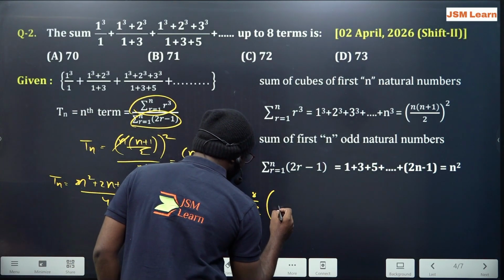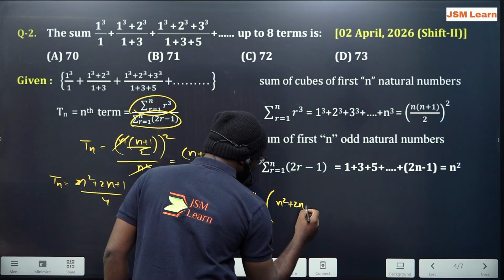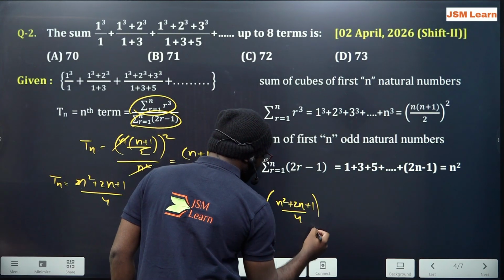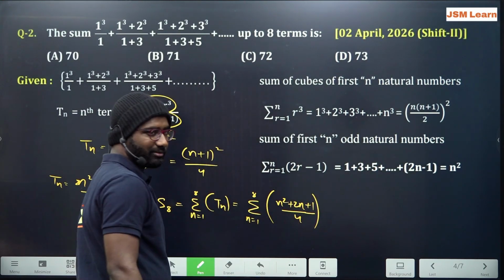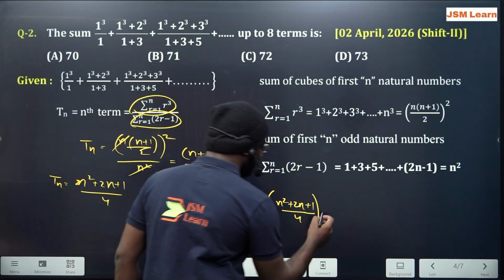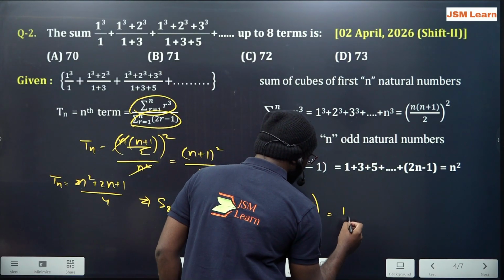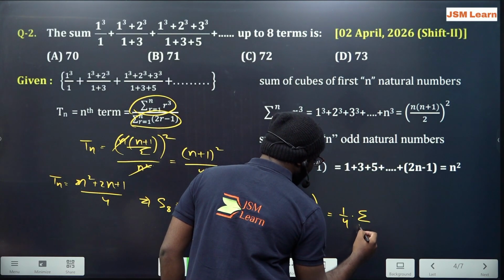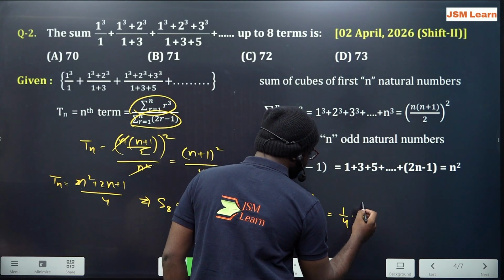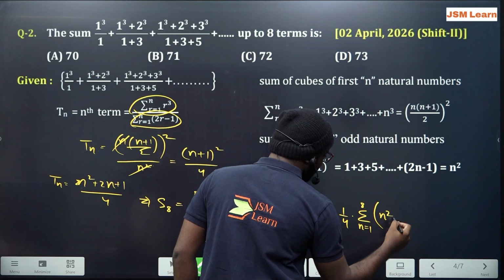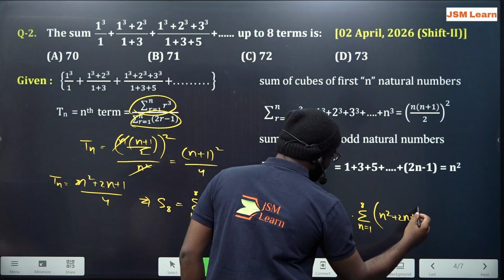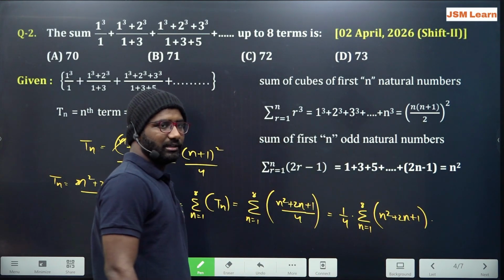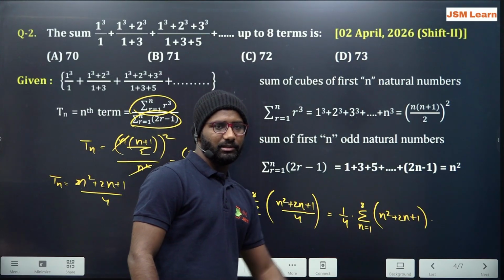That I am writing here. Here the denominator 4 can be taken outside the summation. So 1 by 4 times sigma n running from 1 to 8 of (n squared plus 2n plus 1). So this is the sum of 8 terms.